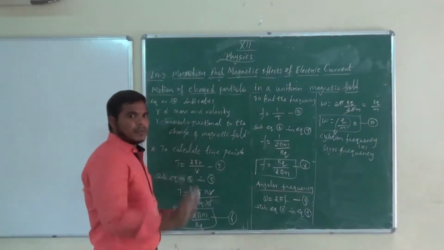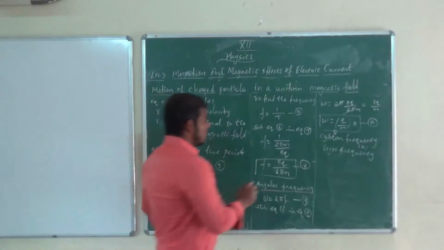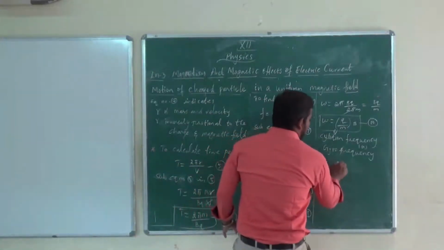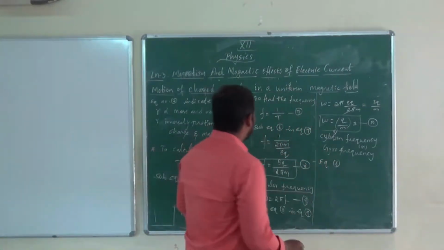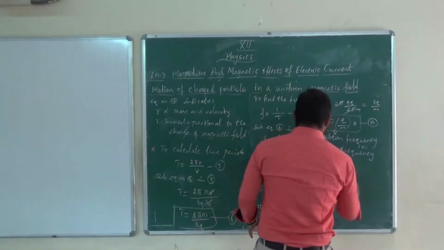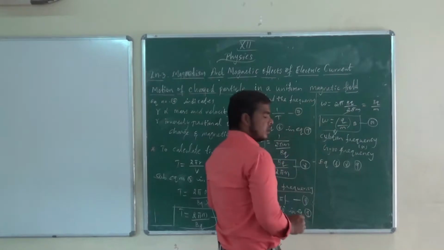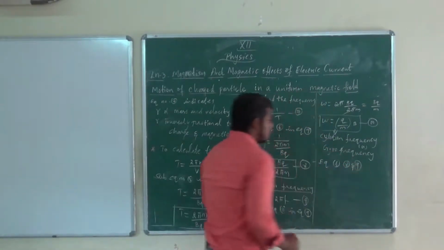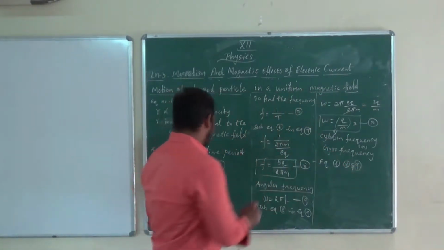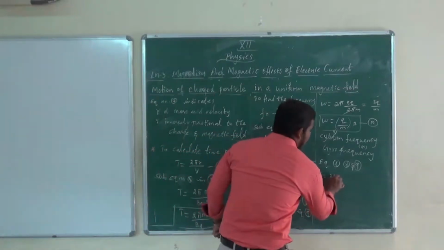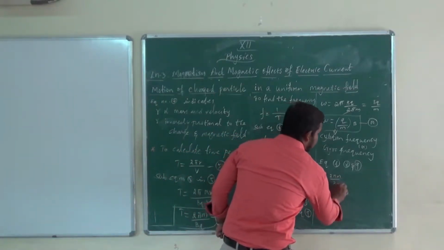Now I will take certain equations: equation number 6, equation number 8, and equation number 9. I will write all the equations here. T equal to 2 pi m by Bq, isn't it?